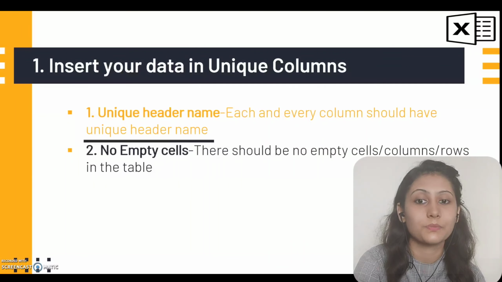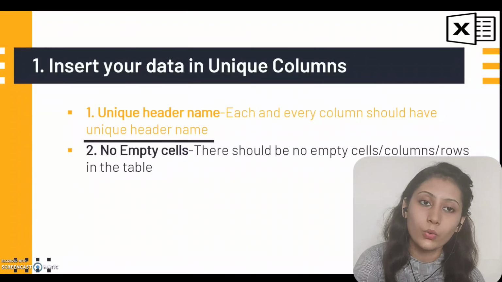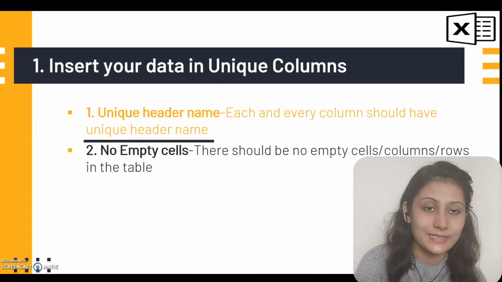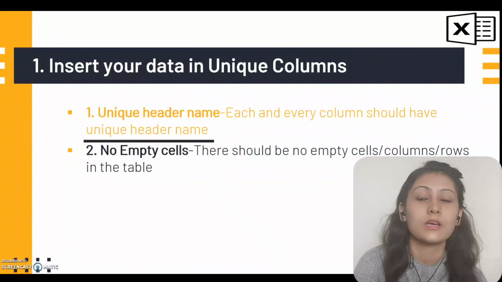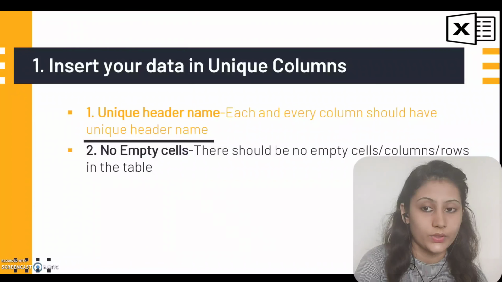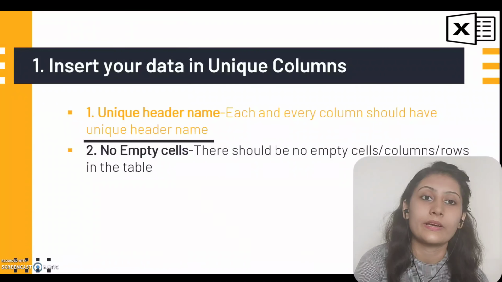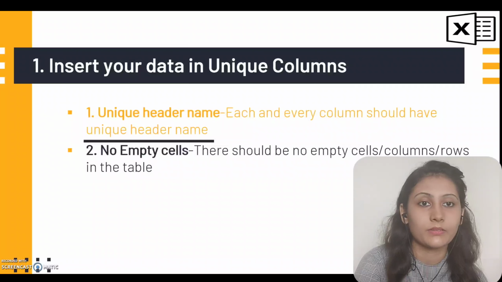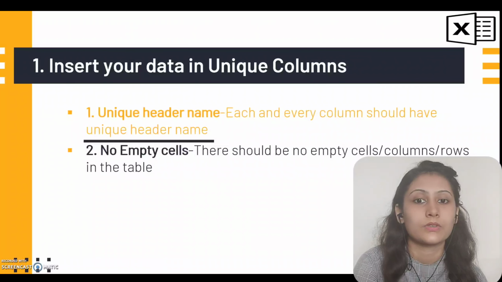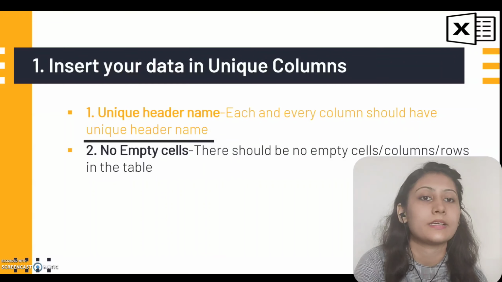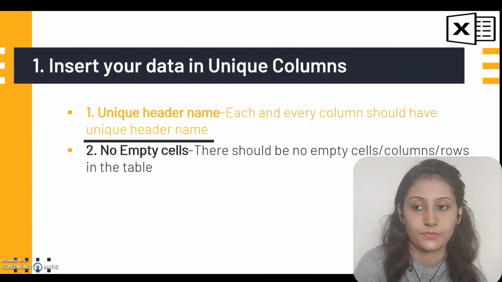No empty cells means that in the whole table, the table cannot have any empty cells, rows, columns, anything. So if there are any blank columns, blank rows, it will not make your table effective. So eliminate those empty columns, empty cells, and then create your pivot table.